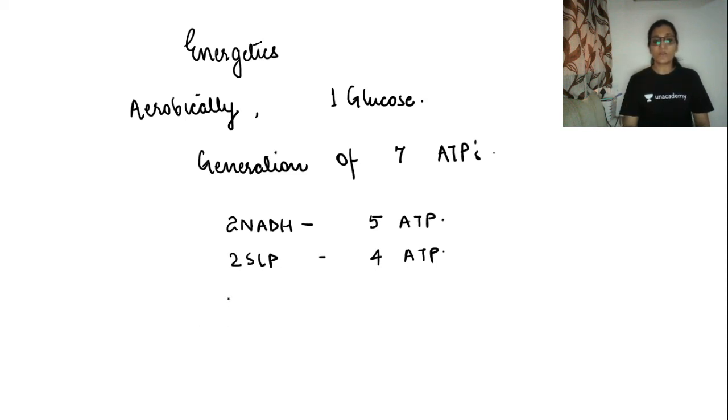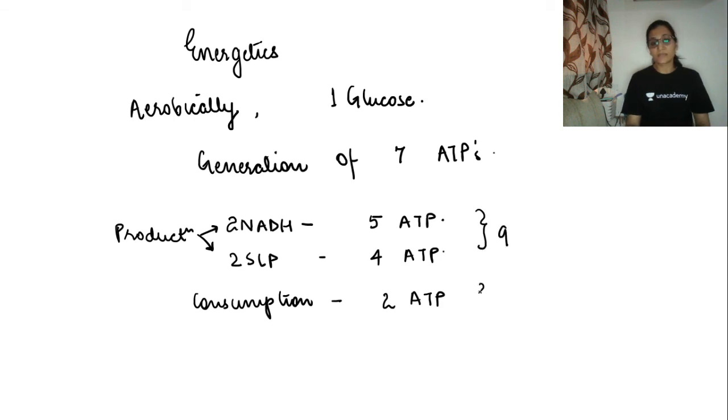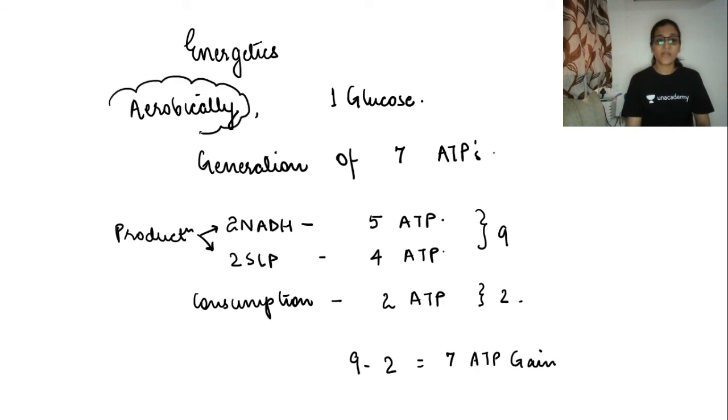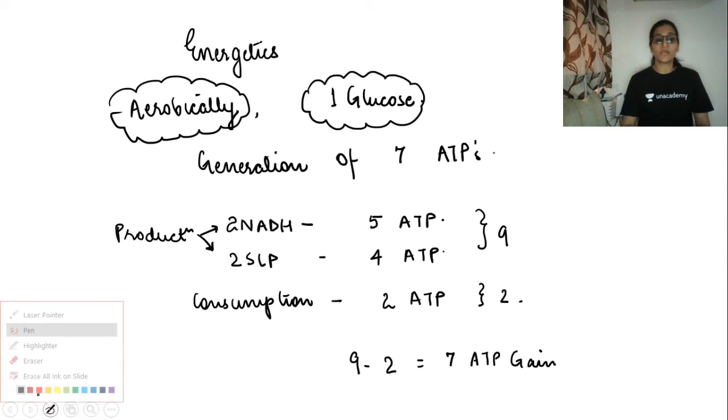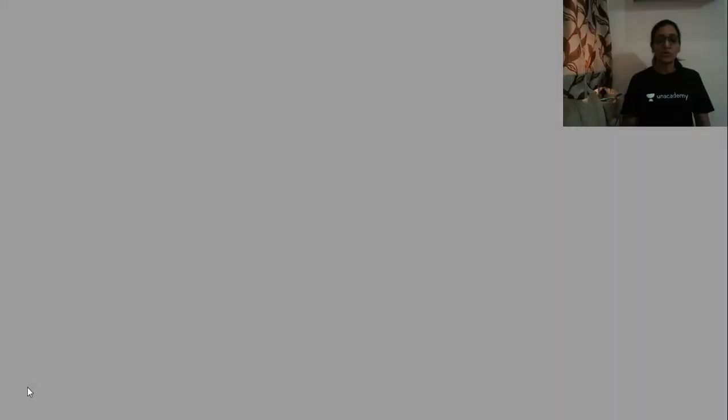So the total production is 9, and 9 minus 2 is equal to a 7 ATP gain when it is occurring aerobically. And we are talking about 1 glucose molecule, not less, not more, but 1 glucose molecule.